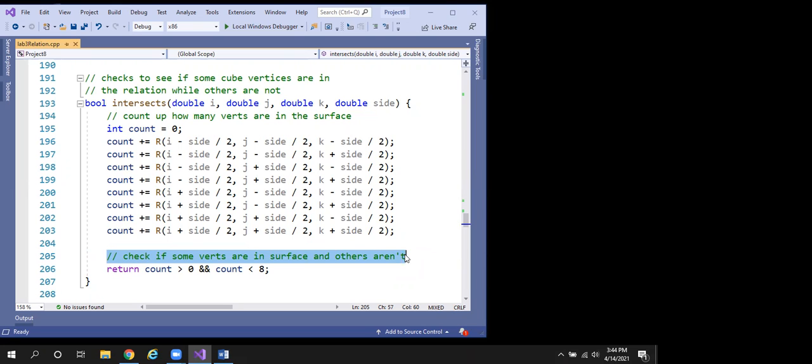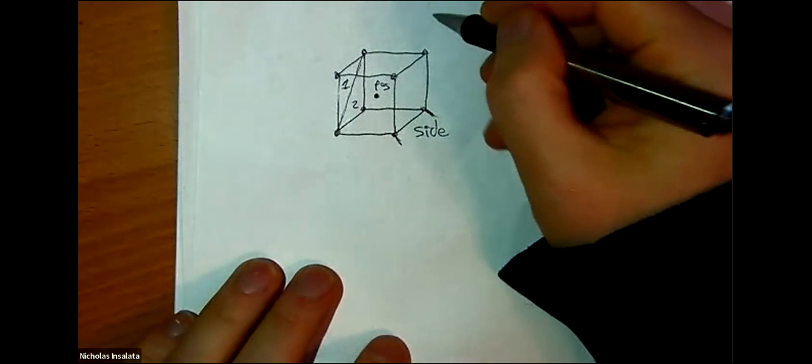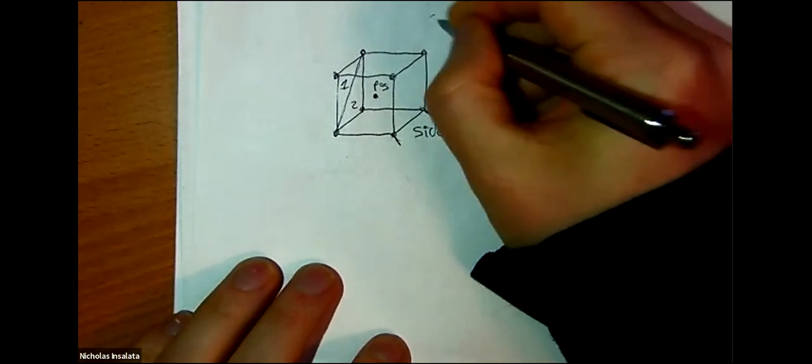So here's what's happening. Let me go back to my picture of a cube for a moment. Let's say that this cube happens to lie on the surface of the sphere, like this.